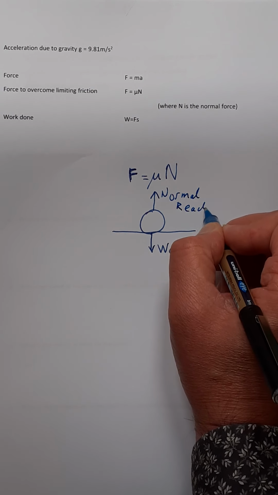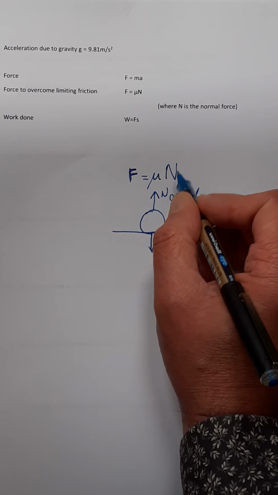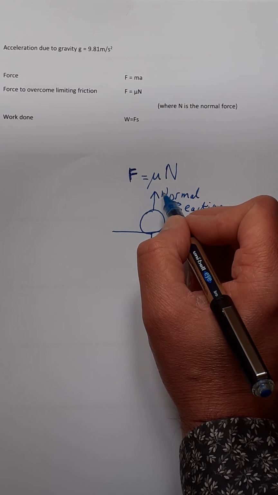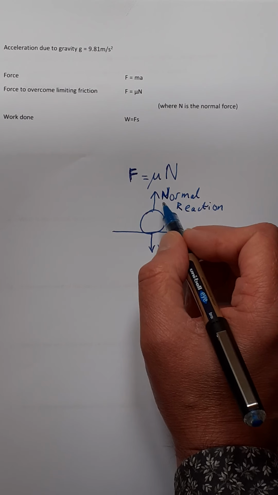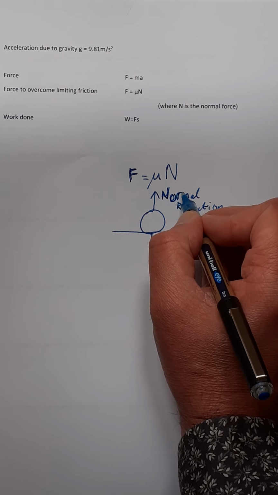In A-level maths, this is sometimes called R. In this formula booklet, it's called N for normal reaction. It's important to realize that this is a function of two things being in contact with each other and exists even if we don't have any friction.